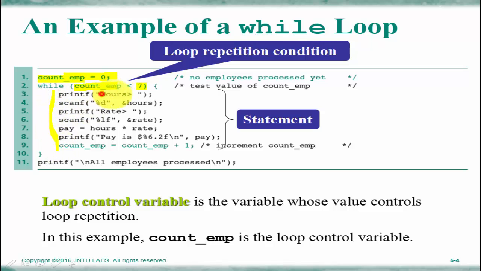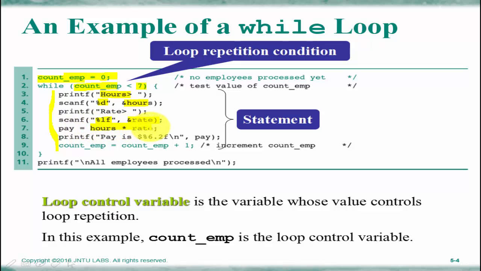It will print hours, scanf will scan and place the value in hours, and printf rate, where lf is floating. I have only discussed d, and f is nothing but floating. It will be stored in rate, and pay equals hours into rate.